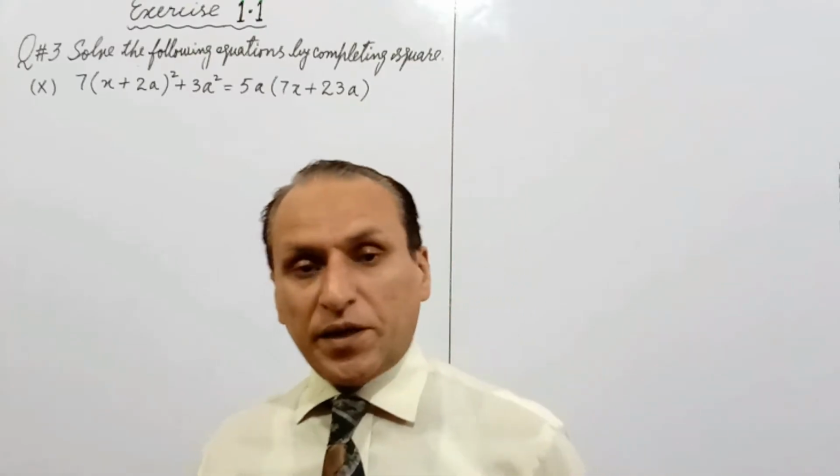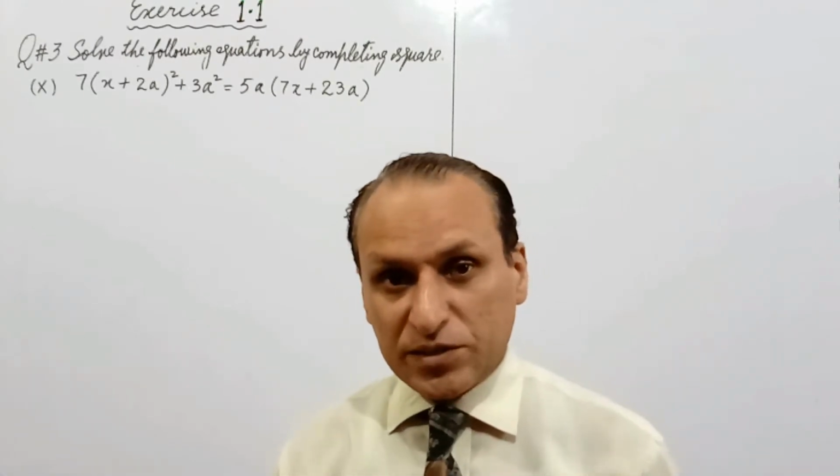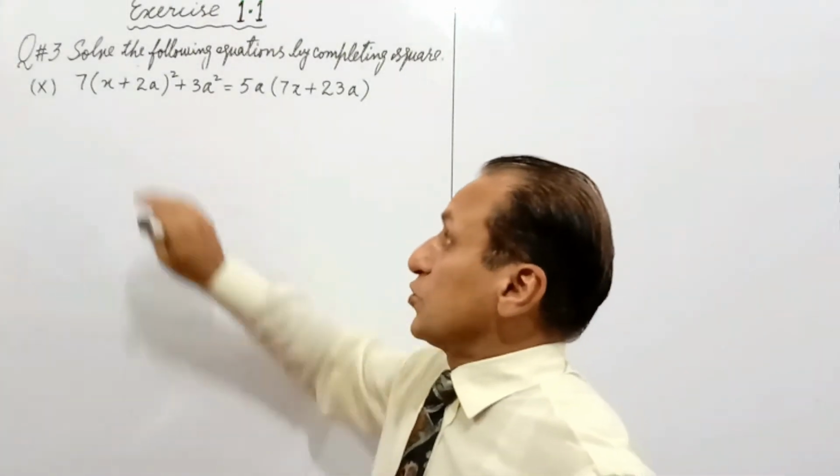Let's do part 10, the last part of this question as well as of this exercise, in which we have to convert the given quadratic equation into standard form first.